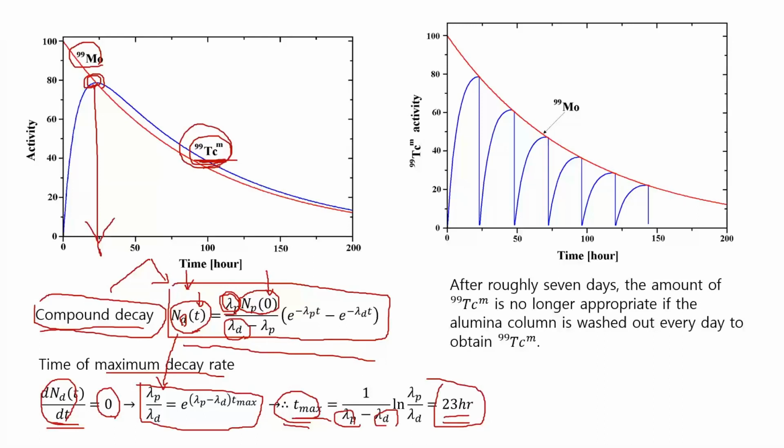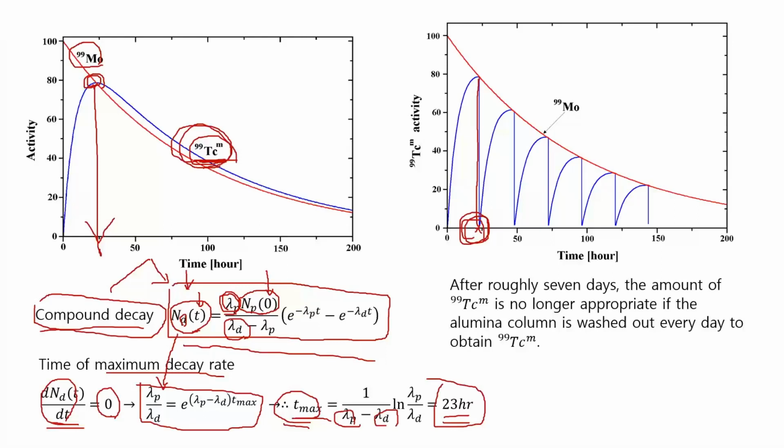It's about a day. So if we wait a day, then we can have the maximum Tc-99m. Then we can wash out and obtain Tc-99m for use.